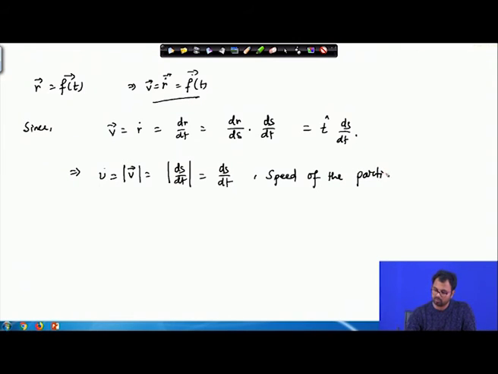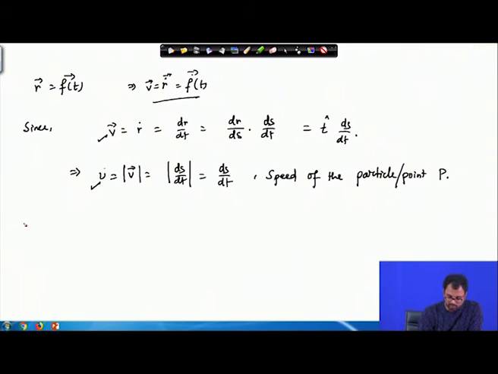Particle or point, both are the same in this context. All right. So, this is our velocity, this is our speed, and now we can define our acceleration.